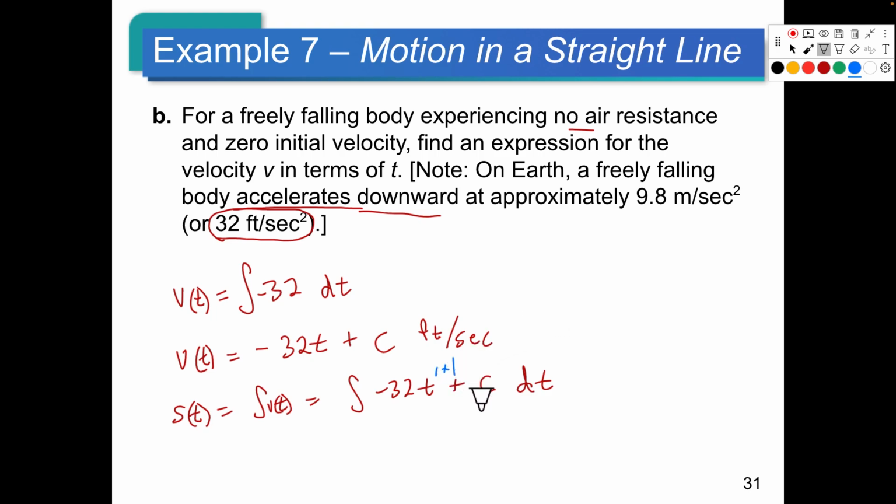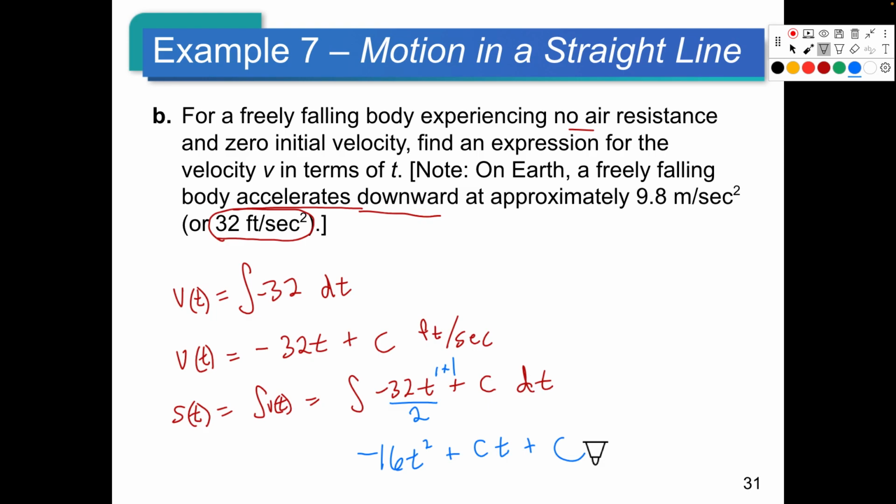We add 1 to the exponent, and then we divide by that new exponent, right? 32 divided by 2, you get negative 16t squared. When you integrate the constant, you're going to get plus some constant times t plus another constant. That's why, when you do these, you usually get some information so you can find the constants as you go. Otherwise, you end up with a lot of unknowns, right? But this is how we would do it.